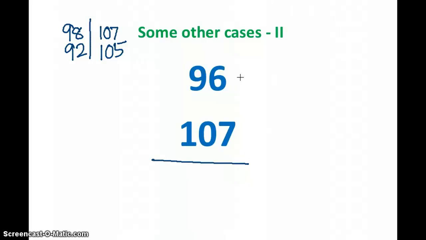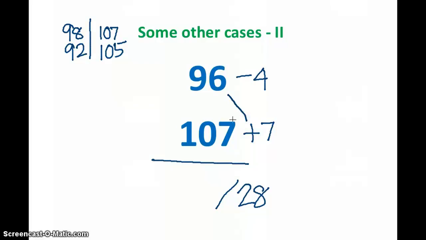Let's see how we can do this. It's the same technique. 96 is 4 less than 100 and 107 is 7 more than 100. Same technique, we just multiply and we get 28. After that, we do 96 plus 7, we don't do minus 7 because plus 7 is more.